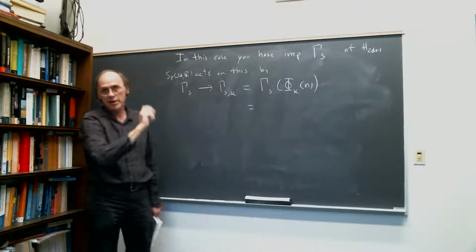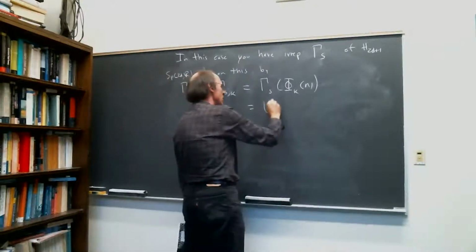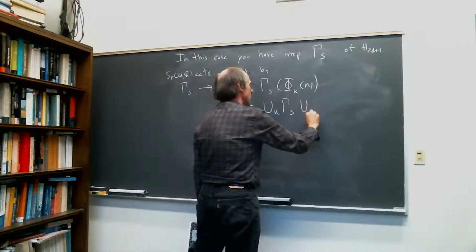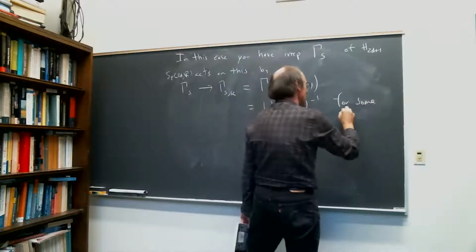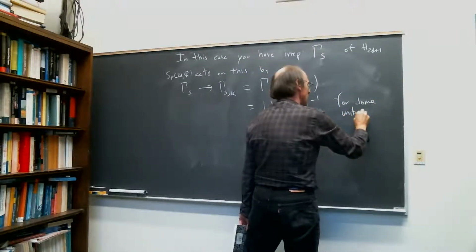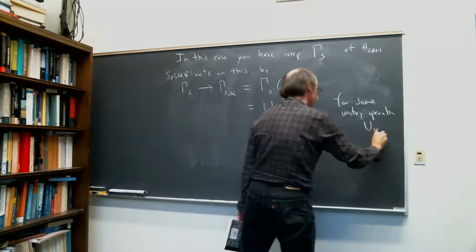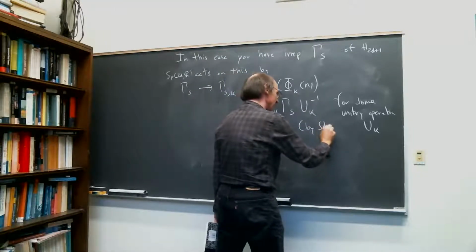So there's some unitary change of basis which makes these two things equal: there's some U_k gamma S U_k^{-1} for some unitary operator U_k. So this is by Stone-von Neumann.